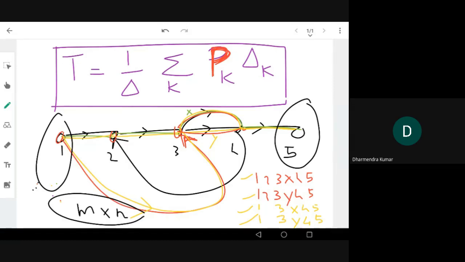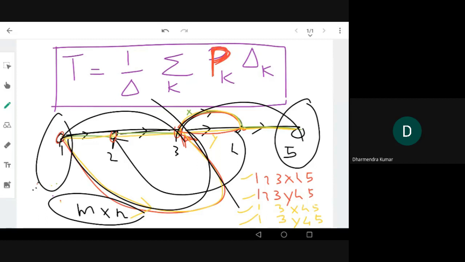The same thing. Here I am giving the two paths. 1 to 3, I have two paths. 3 to 4, I have two paths. So 2 into 2, total paths are 4. Something like this, a basic thing. Only you need to know what my forward path is. So P is my forward path gain.